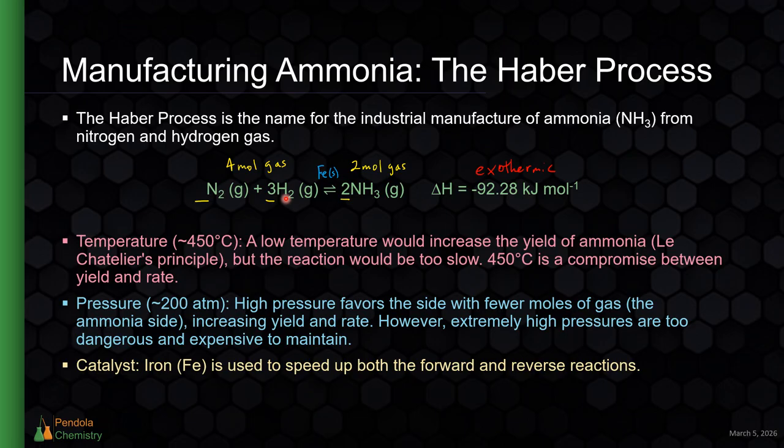So this doesn't mean that you're going to get more NH3. It just means that the equilibrium will be reached faster, and so the yield of NH3 will be reached faster. But the yield won't change. It's still the same amount. So these are the considerations and the compromises that the Haber process is carried out under, which is, again, the industrial process for the creation of ammonia.